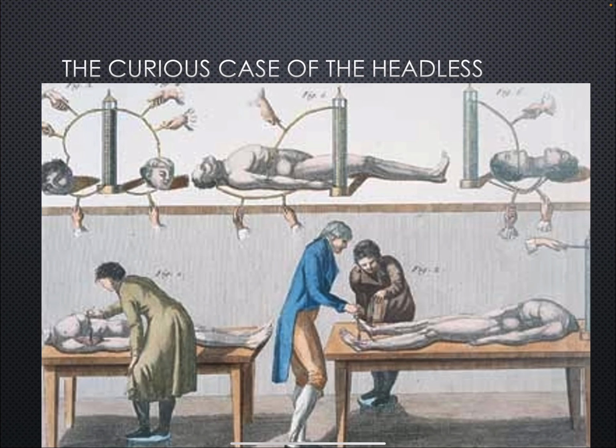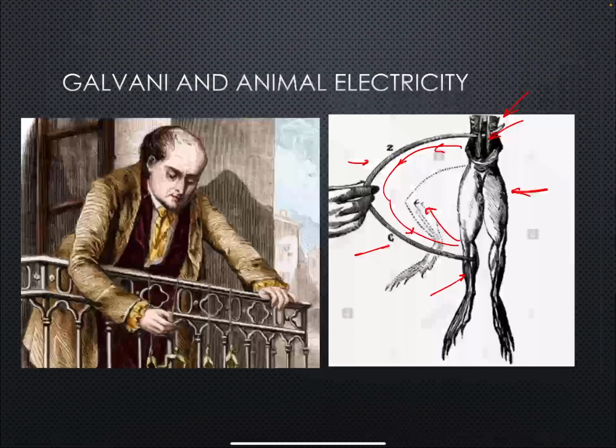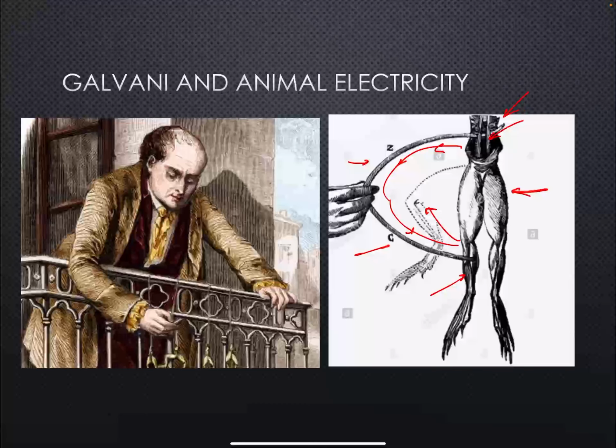One of them is the experiments by Aldini, who was the cousin of Galvani, the man who proposed animal electricity.